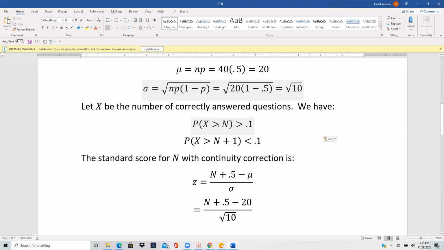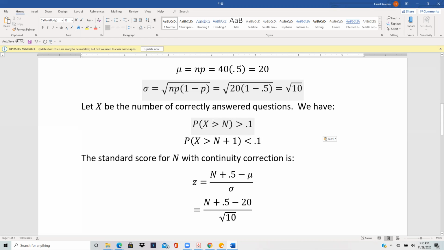But if you want to change it into continuous, then anything 6.5 onwards will also be greater than 6. But anything less than 6.5 is not greater than 6. So greater than 6 after continuity correction becomes greater than or equal to 6.5.